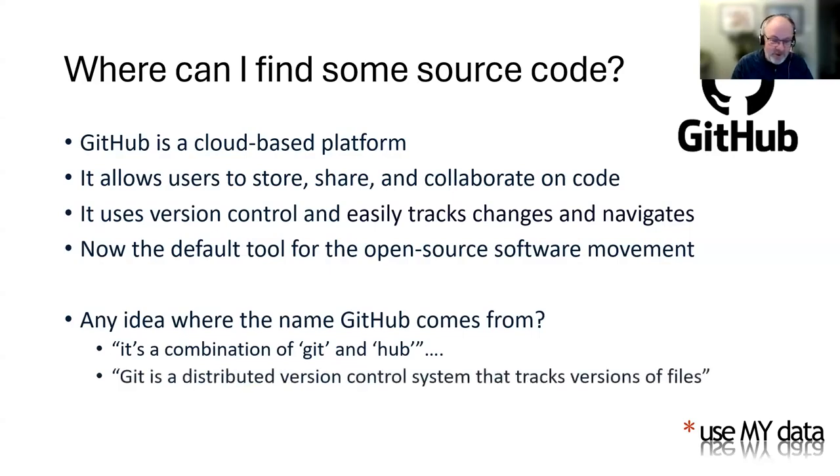I did go a bit further. Git came from a distributed version control software that tracks versions of files. So it's existed for a while. And because somebody said, let's have all that version control of algorithms and open source in one place, we'll have a hub, they called it GitHub. There you go. I learned something putting these slides together.